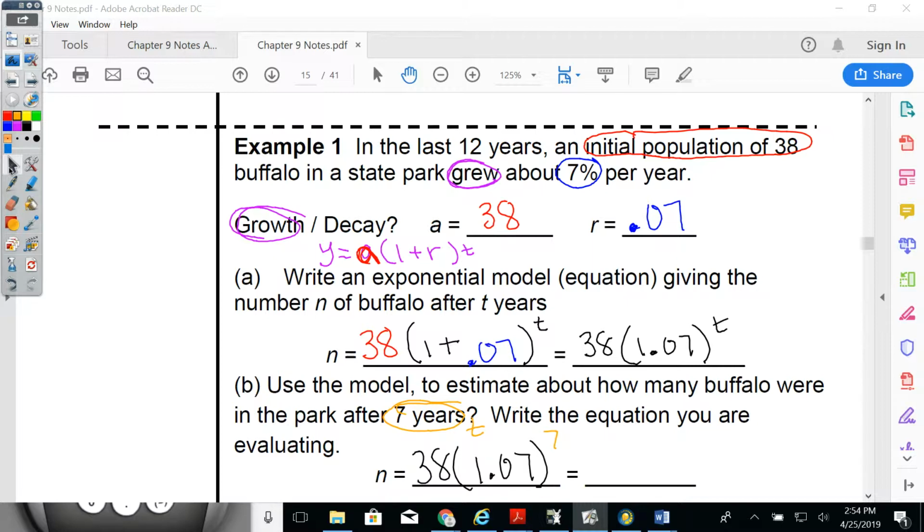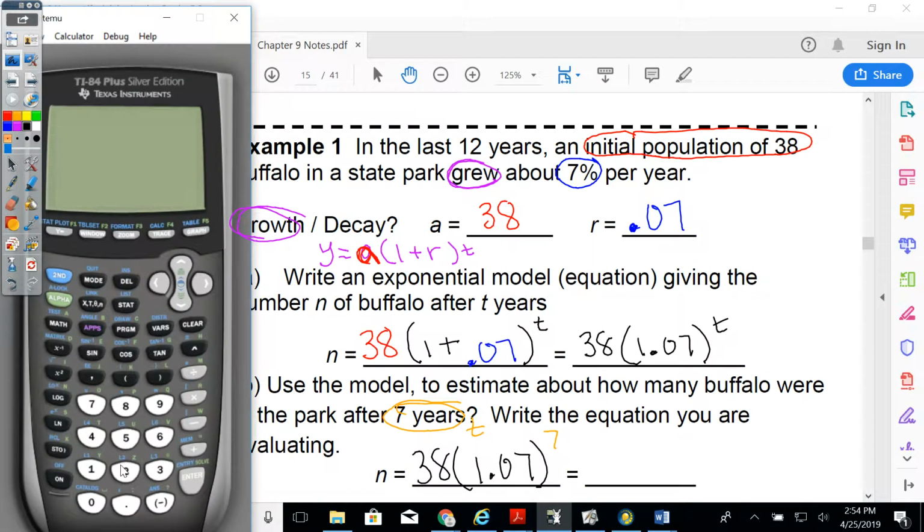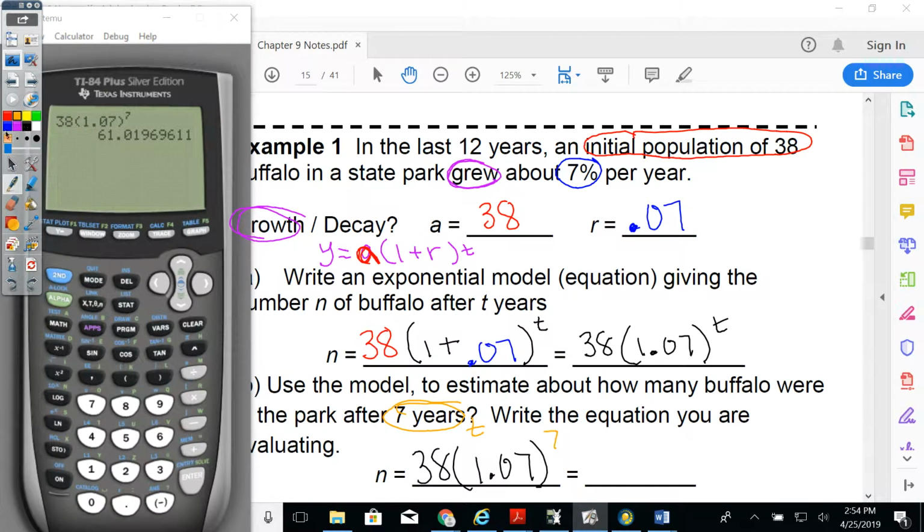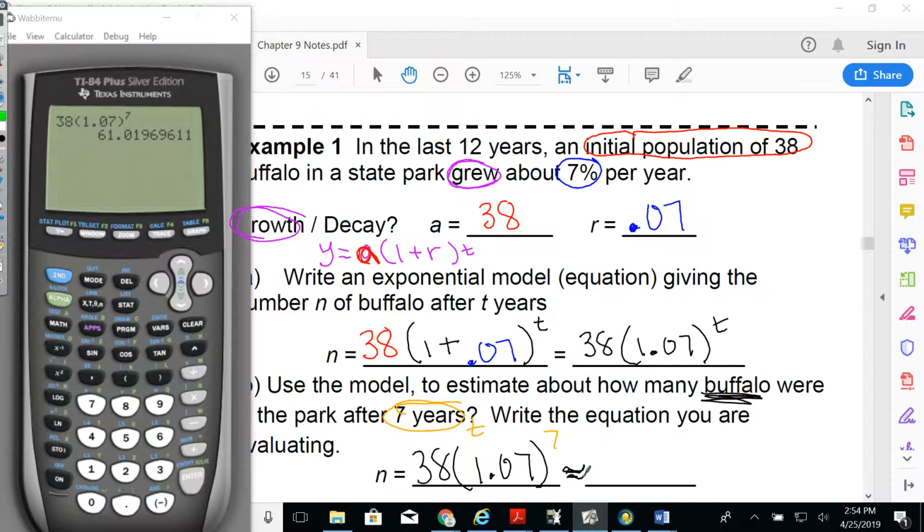So now grab your calculators and just enter that in the calculator, 38 times 1.07 to the 7th power. And we get that decimal, 61.096, but we're talking about buffalo here, so we just round it to the nearest one. We say approximately 61 buffalo.